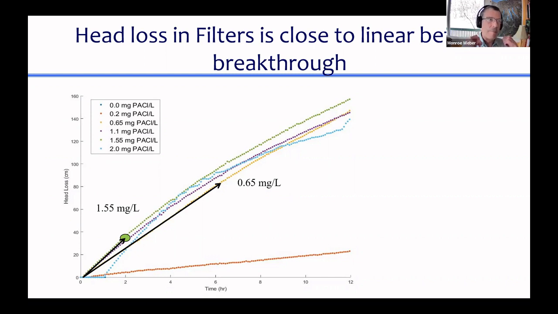Maybe I should have done this first. If I had asked you to predict what head loss will look like in a filter that is filling up with particles, what would you have guessed would happen? Yeah, I would have guessed that it would increase slowly at first and then it would ramp up and go up really fast. Yeah, but that's not what happens.